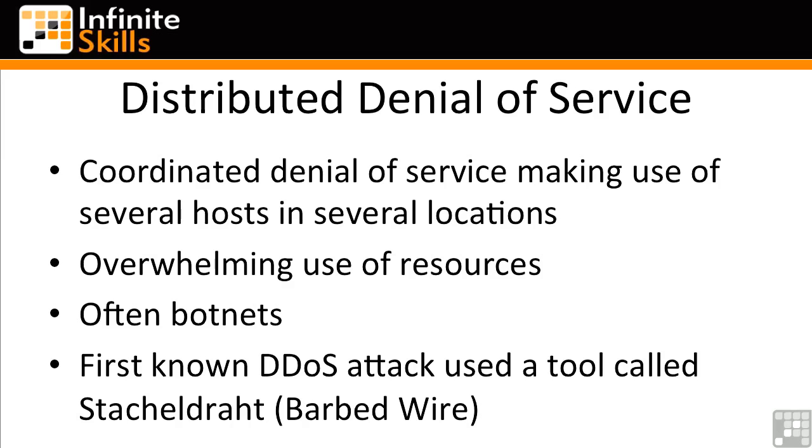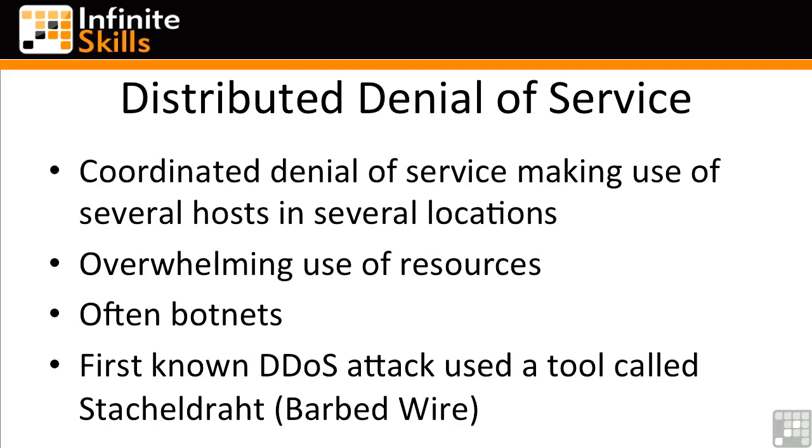The Tribe Flood Network was then turned into something called Trinoo, and Trinoo was used as more or less the basis for this program called Stacheldraht, which was then used to attack servers like eBay and Yahoo back in February of 2000.